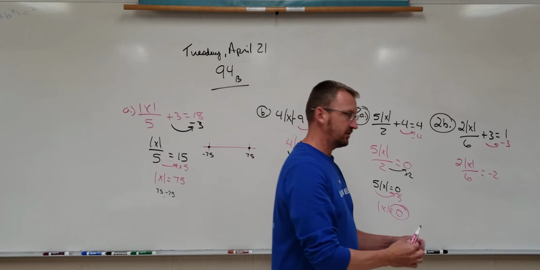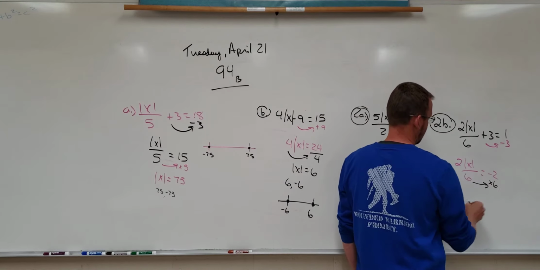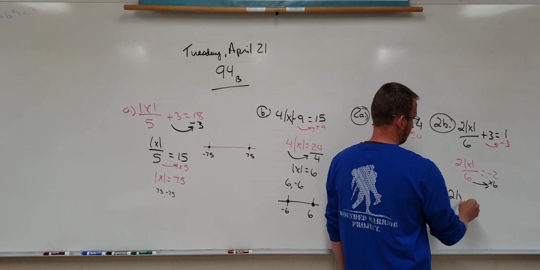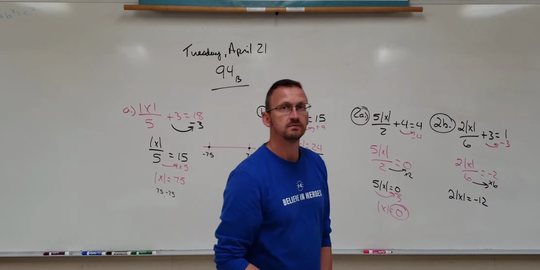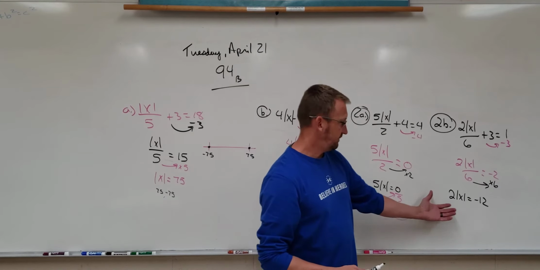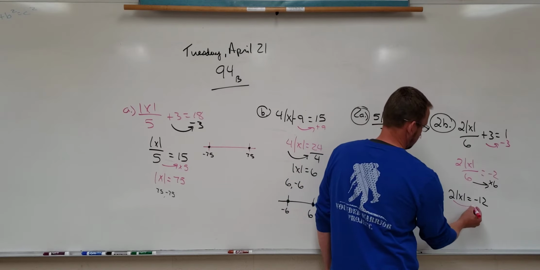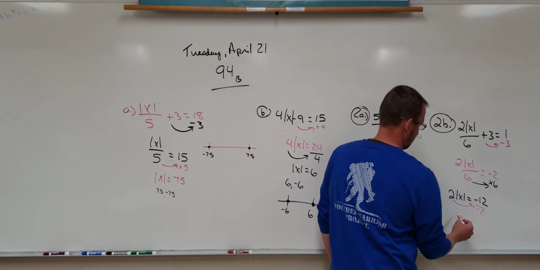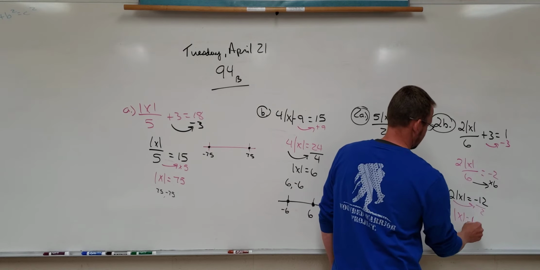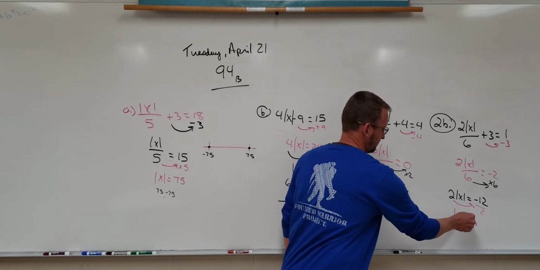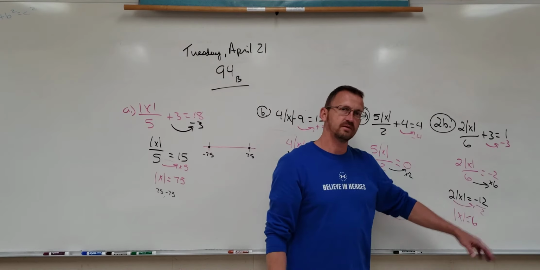We're going to take our 6 over, do the opposite of division, multiply. 2 times the absolute value of x equals negative 12. Now we've been multiplying by 2, so take it over and divide. You should be getting the hang of this now. The absolute value of x equals negative 6, because negative 12 divided by 2 is negative 6.